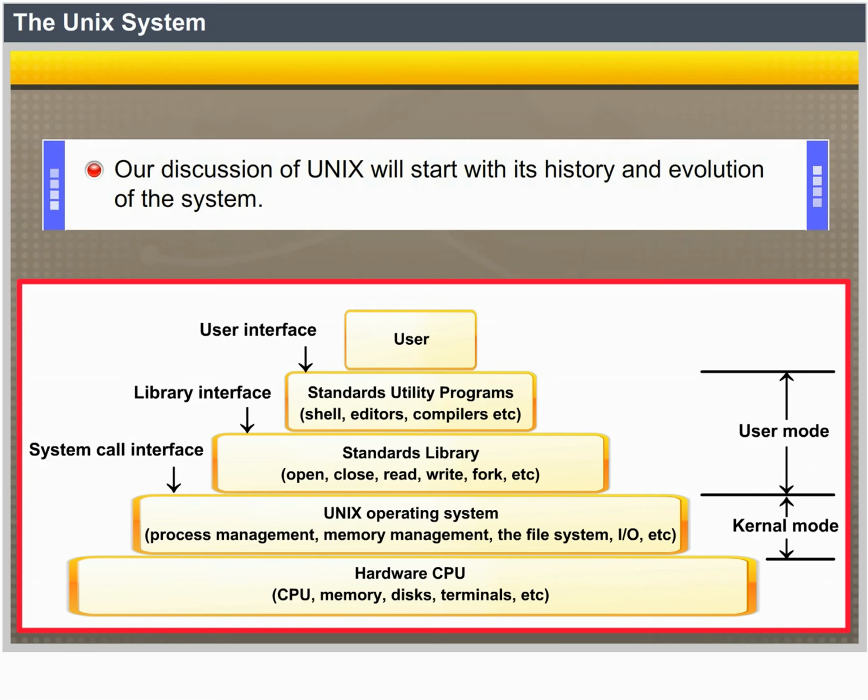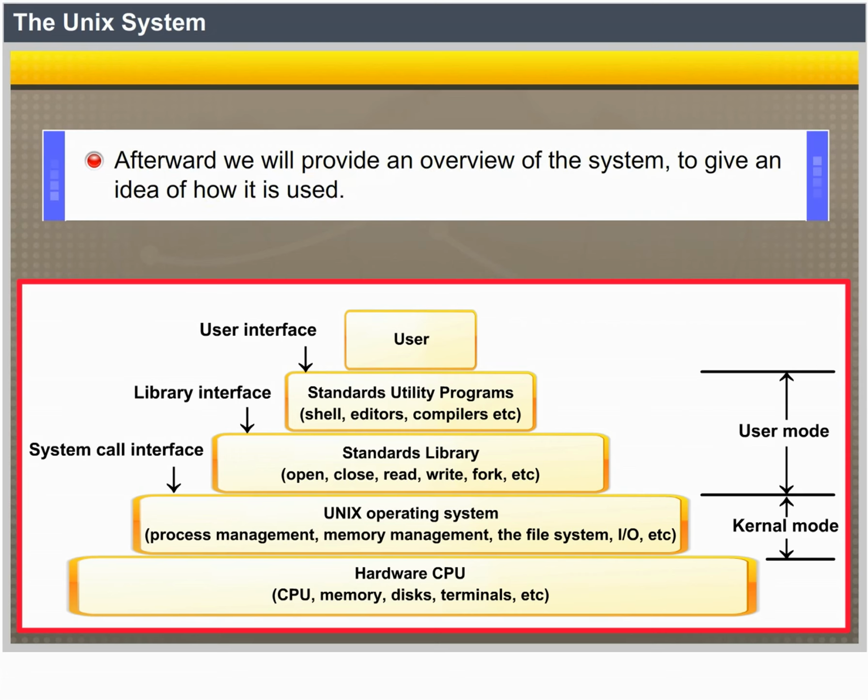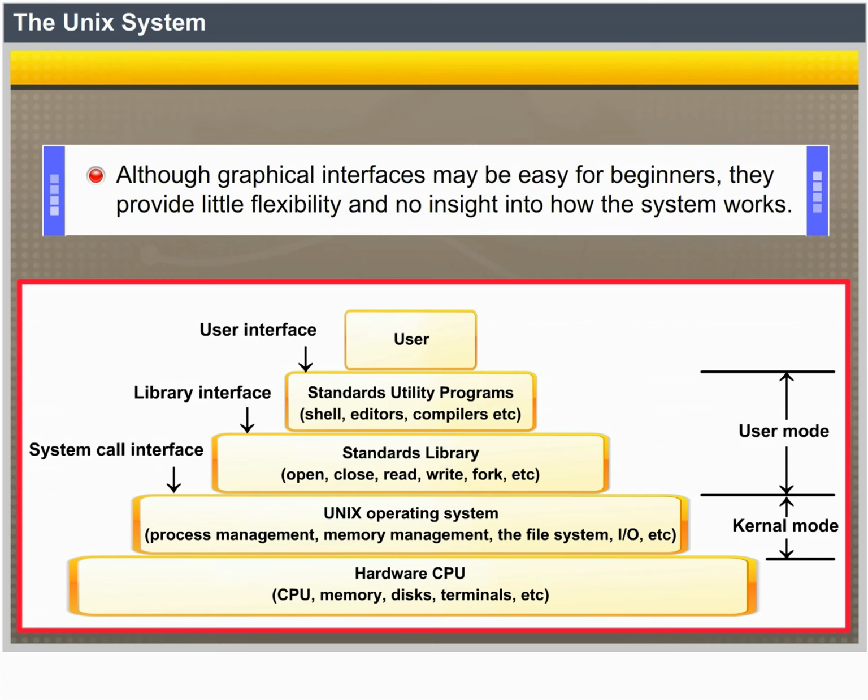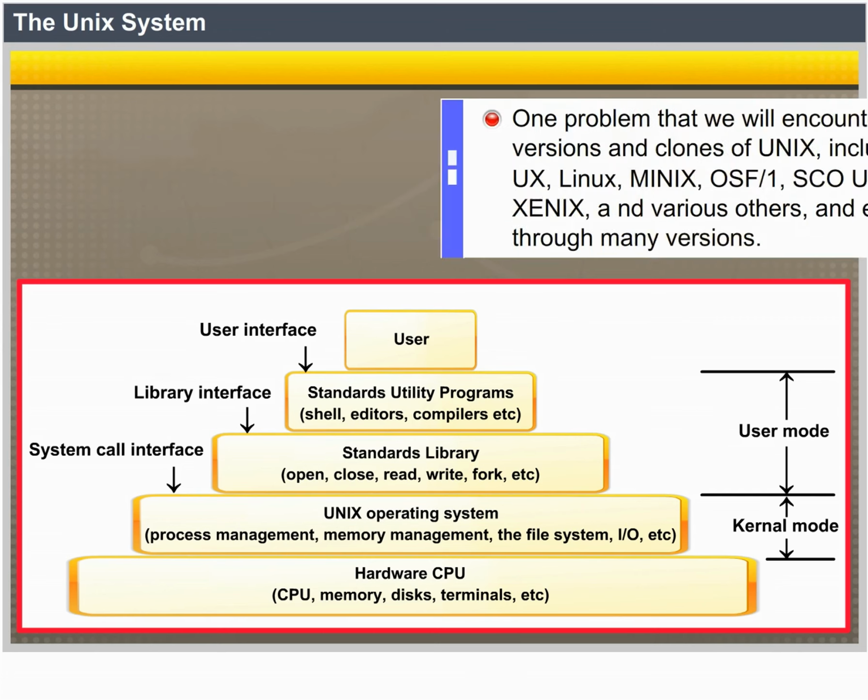Our discussion of Unix will start with the history and evolution of the system. Then we will provide an overview of the system to give an idea of how it is used. Although graphical interfaces may be easy for beginners, they provide little flexibility and no insight into how the system works.